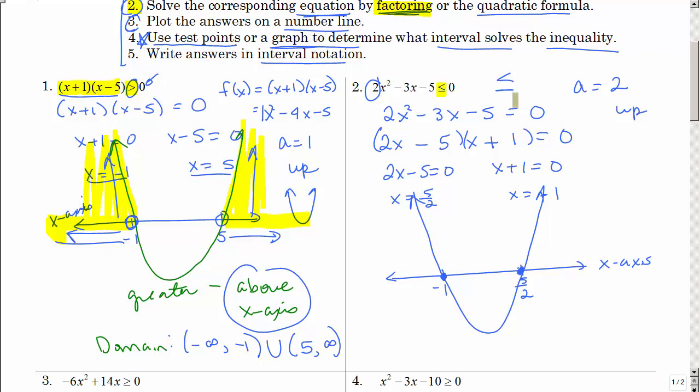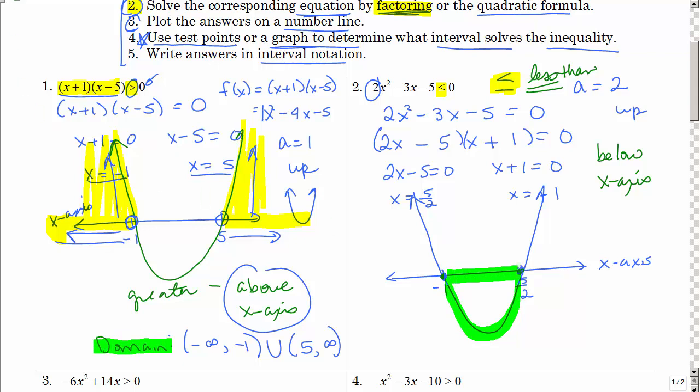Let's go back to this symbol. What is that symbol? That's less than. So less than or equal to. Well, here's the equal to part, but where's less than? Less than is below the x-axis. So where is below the x-axis? That's this part. And again, what's the domain? Those are the x values in between here.